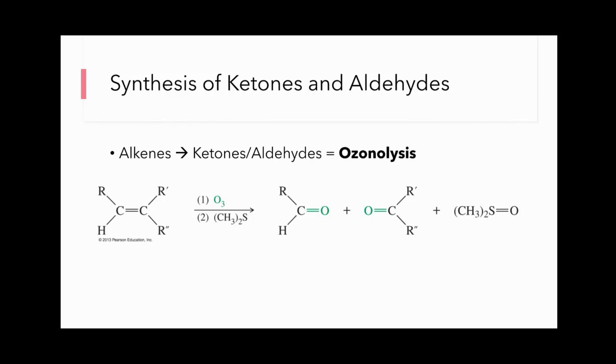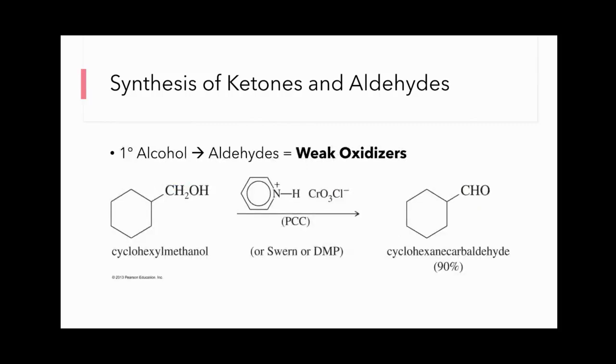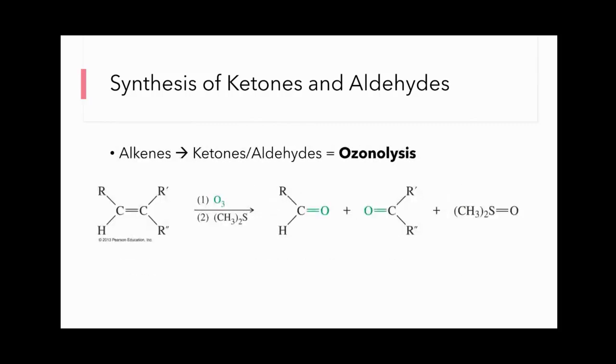If it's a secondary alcohol, you can just oxidize it, kind of like this, and it'll make you a ketone. And if you are starting with alkenes, you can turn it into a ketone or aldehyde using ozonolysis, where you'll cleave this double bond, and in return you'll have oxygens on both sides.